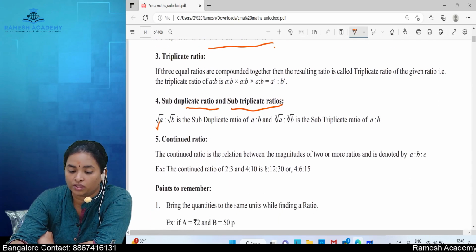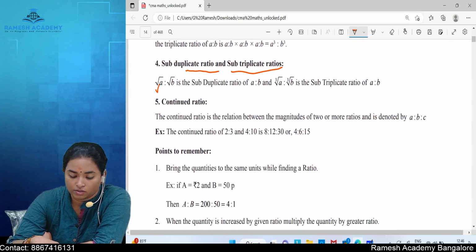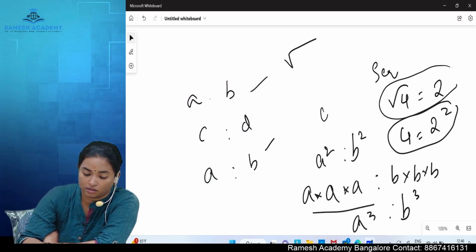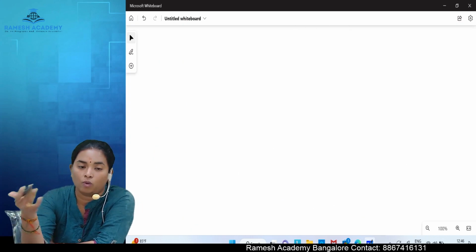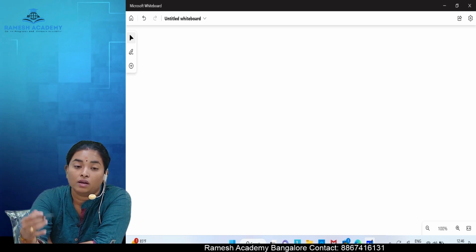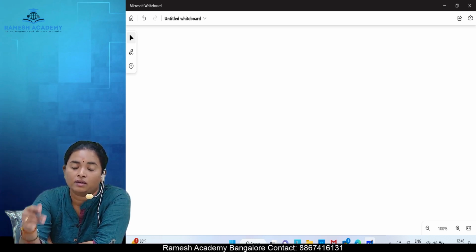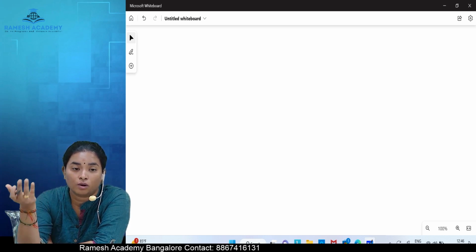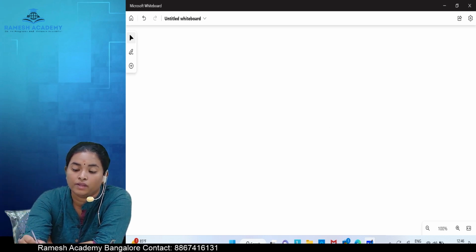Next we go to the continued ratio. Now one more thing, in subduplicate and subtriplicate, how will it be useful? They may ask a question like find the subtriplicate of the given ratio.